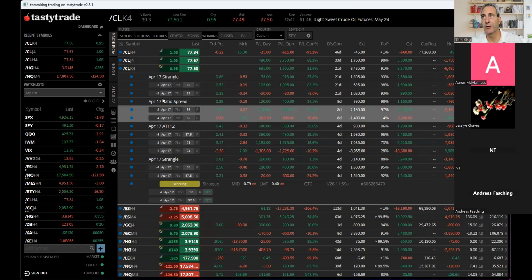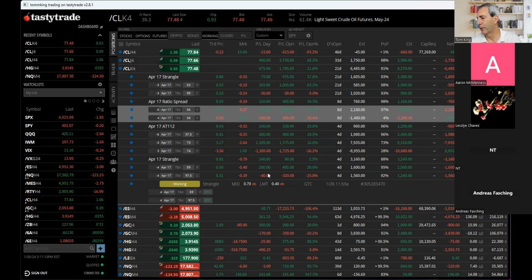You do have another ratio spread here. Now this ratio spread's up 34% in 8 days. Normally I'm looking for 50% in 30 days on a ratio spread. 34% in 8 days, well, my 1.7% a day. So 34 divided by 8 days is what, 2.3%?